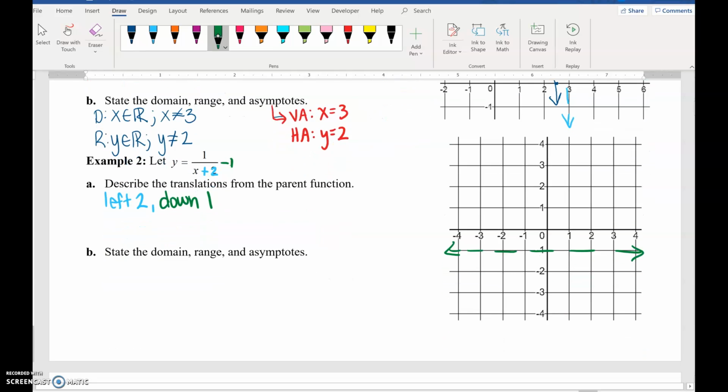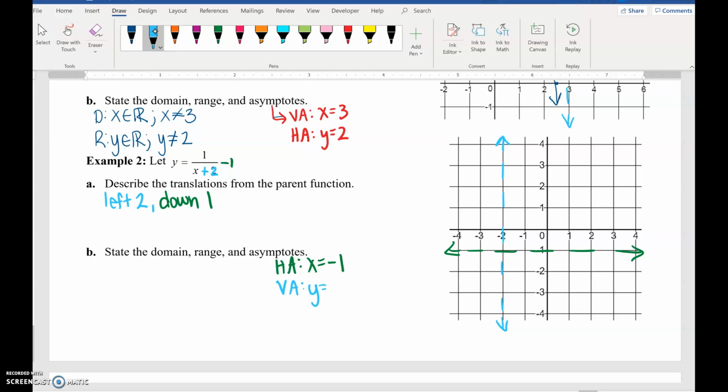So we have a horizontal asymptote at x equals -1, and then we have a vertical asymptote at y equals, or whoops, I did that backwards. This is x equals -2, and then this one was y equals -1.